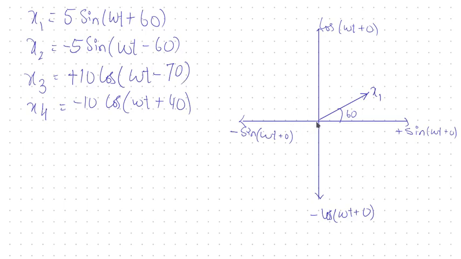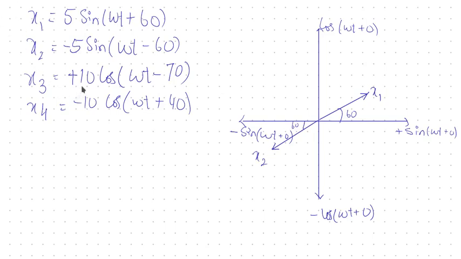We go clockwise 60 degrees from this vector, and we should also keep in mind the magnitude. So let's say something like this. This angle is 60, so this would be x2.